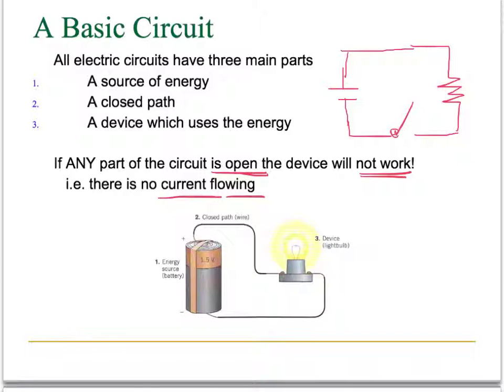So the device in here will not work because there is no electrical energy that will make this to move to work. So what do we do then if we want to make this one operate? And by the way, this one here is an example. We call this one here an open circuit.